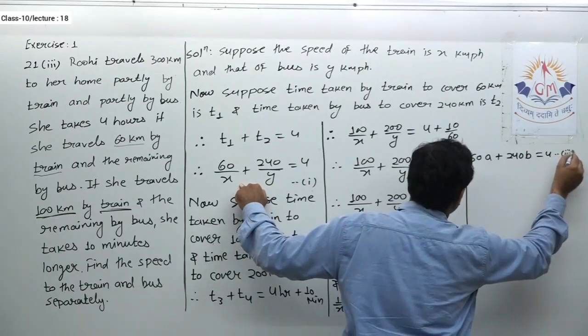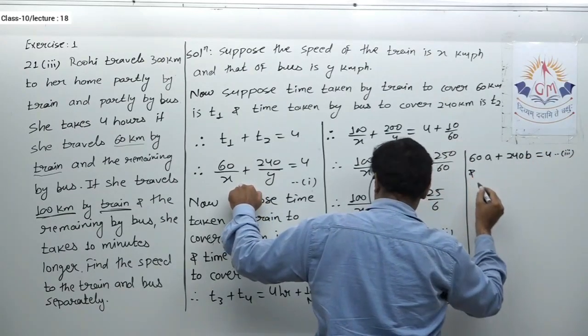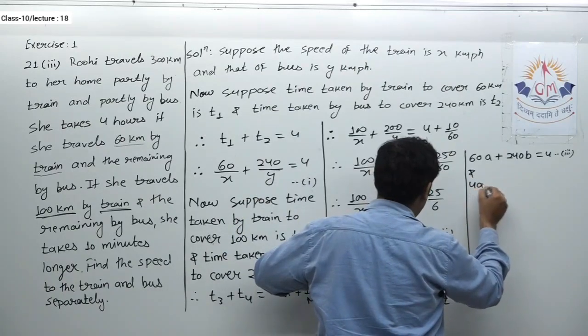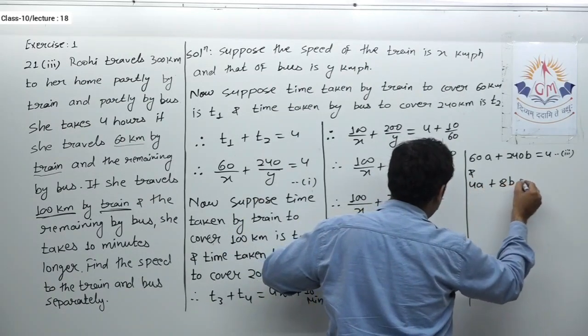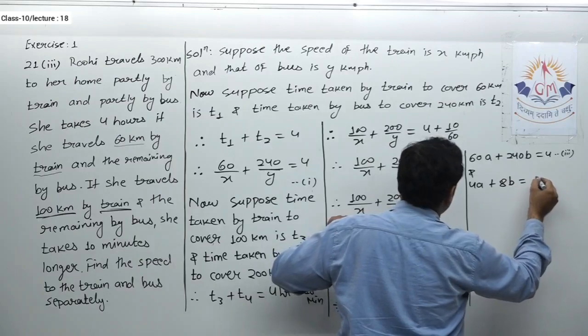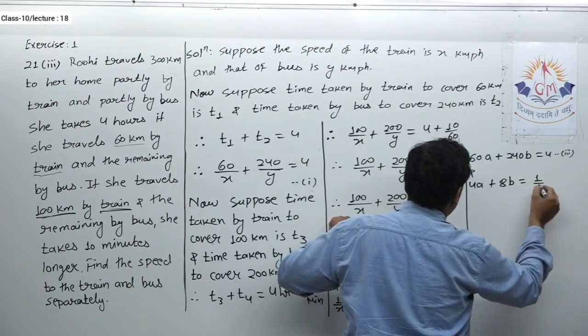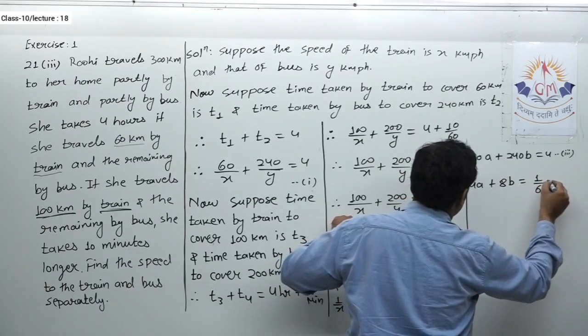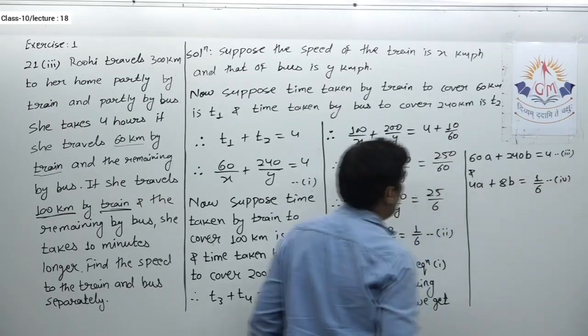Let it be equation number 3, and 4a plus 8b is equal to 1 upon 6. Let it be equation number 4.